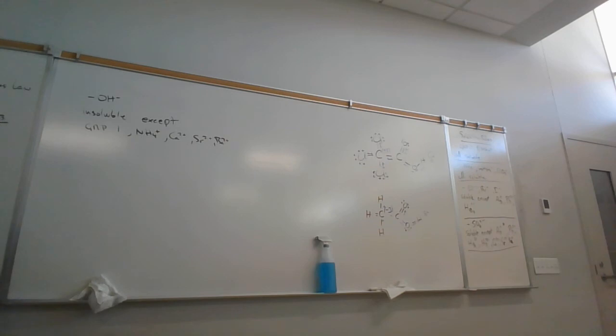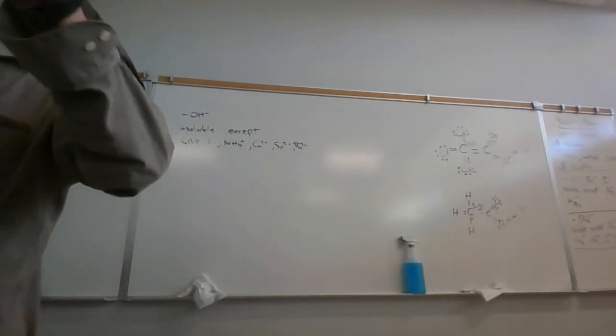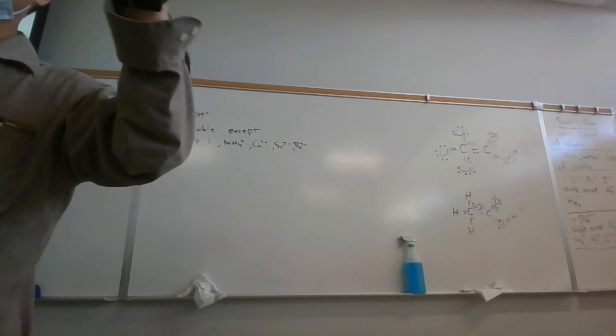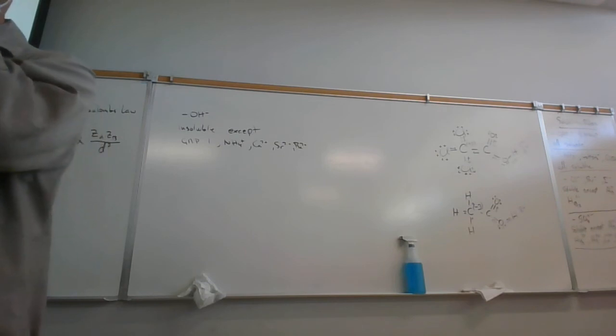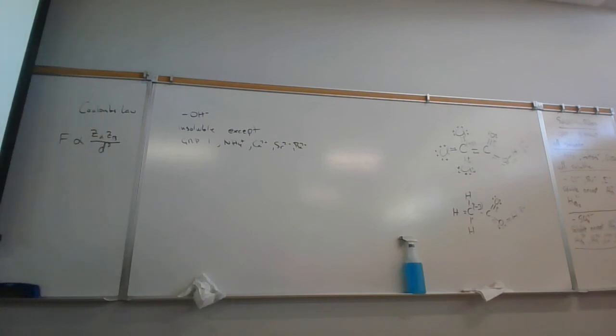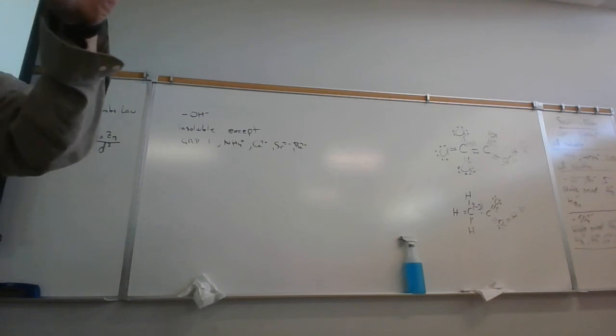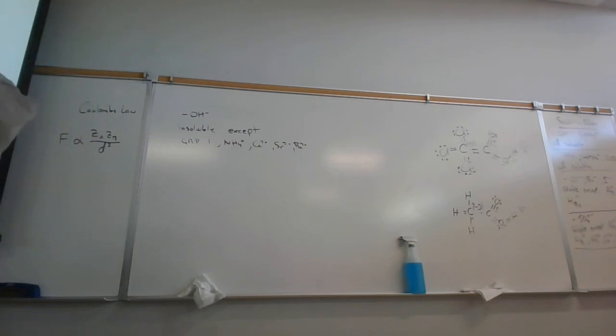So what this means is if a sodium ion passes by a hydroxide ion, is anything going to happen? That is, are they going to come together and bond to form a precipitate? Do they bond together and precipitate, or do they just keep going their own way? They don't precipitate. They just keep going their own way, which means it's not a favorable ion combination.